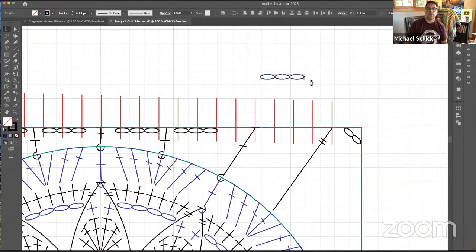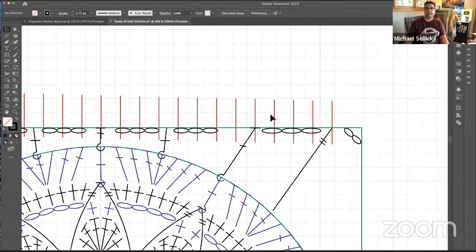Now I'm going to place my chain and see how it goes in. So yeah, I can see that the chains are not balanced.